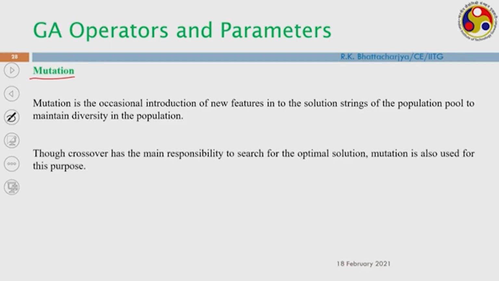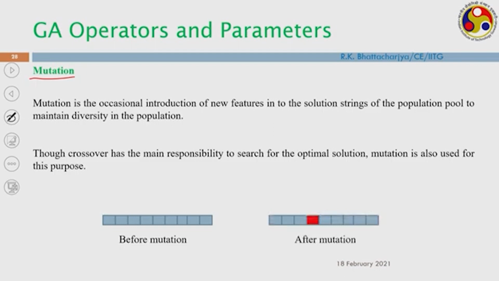Though crossover has the main responsibility to search for the optimal solution, mutation is also used for this purpose. Suppose this is a particular string, and the fourth bit is mutated. Now you are getting a new value in this particular bit, or in this particular gene.